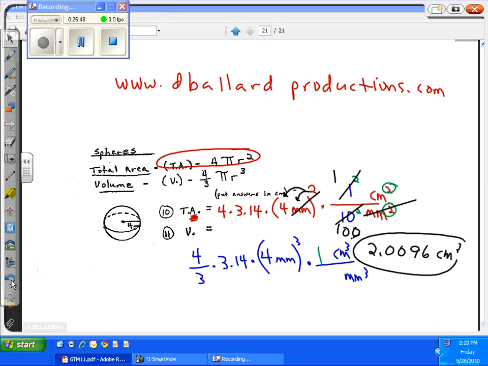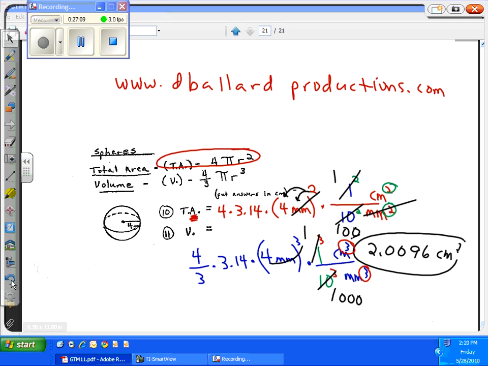The larger is centi, the smaller is milli. 10 milli make a centi, but we're not dealing with centi milli, we're dealing with cubic, so we cube our conversions. So we have 1 cubed is 1, 10 cubed is 1,000.